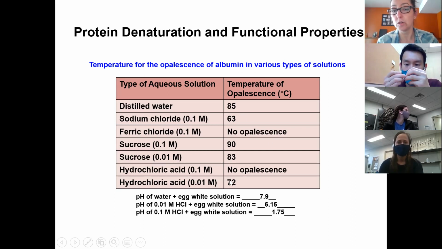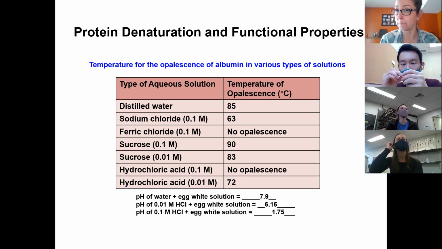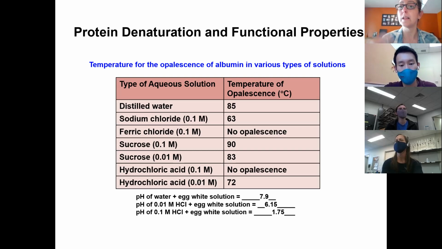Then the denaturation occurs at lower temperature. So one thing to remember is with more charges on the protein, with more interactions with water and more charges, the higher the denaturation temperature. With less charge on the protein, less water interaction, the lower is the denaturation temperature. So that's what you want to remember.